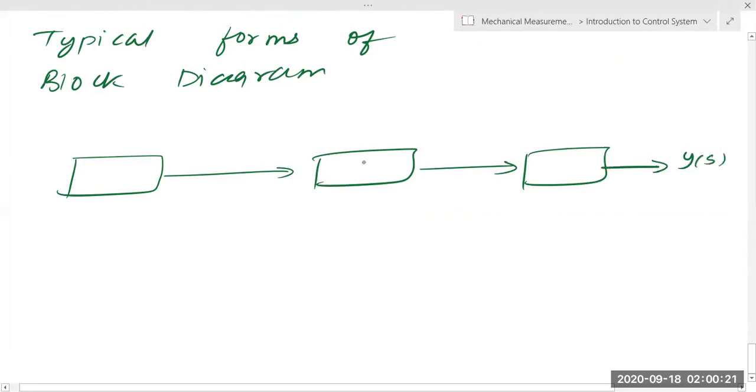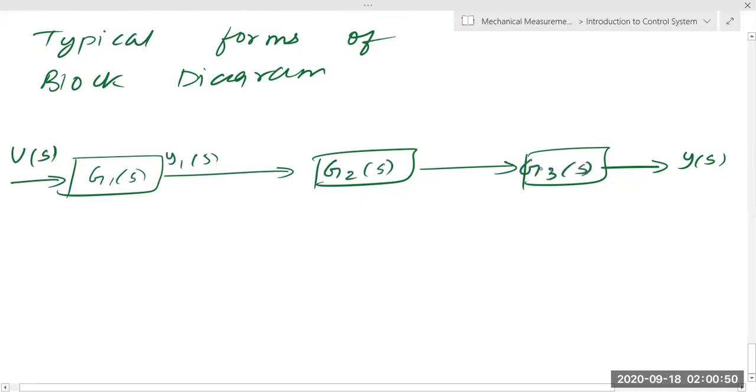Now assume that there is an input here, let this input be U of S. When there is an input U of S, automatically what will be coming out of here is Y1 of S, right? Now this Y1 of S will get converted into output. I'll say this is G1 of S, this is G2 of S, and this will be G3 of S. Simple.